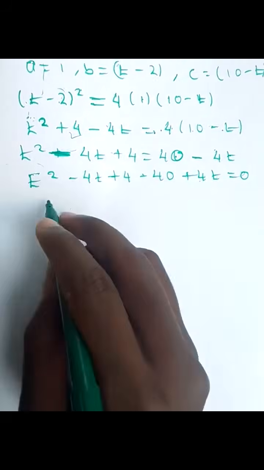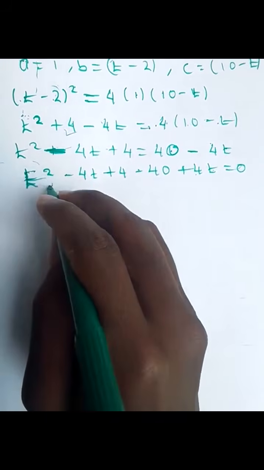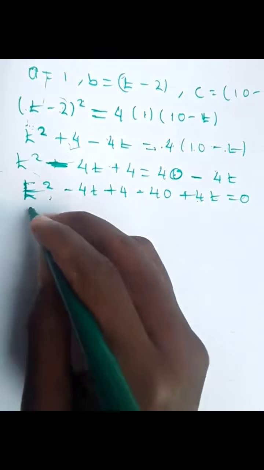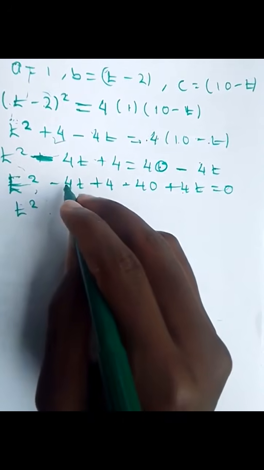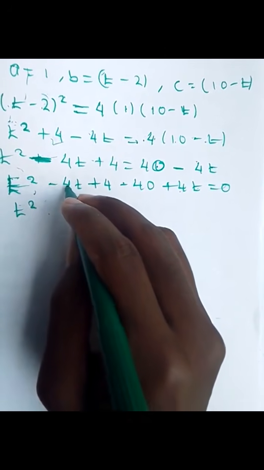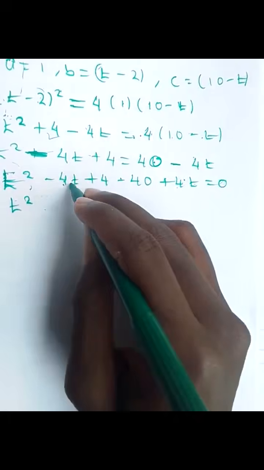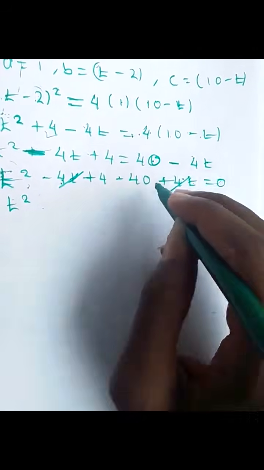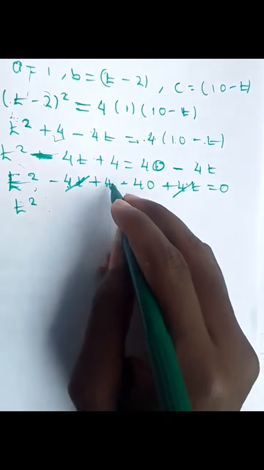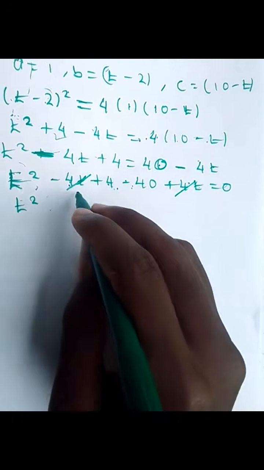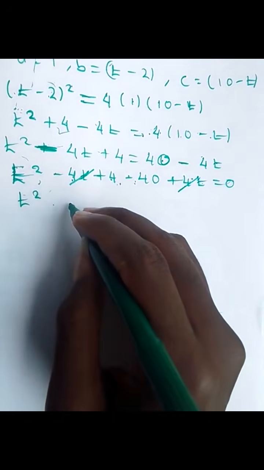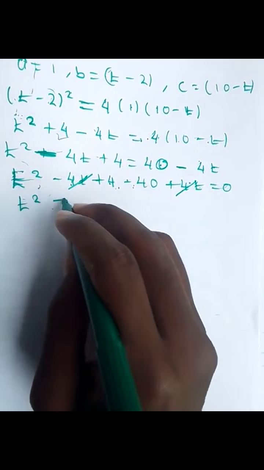So let's try to add the like terms. I'll start with t power 2. This will cancel with this because they are the same having different signs. And then this and this is like saying 4 plus negative 40, which is going to give you negative 36 equal to 0.